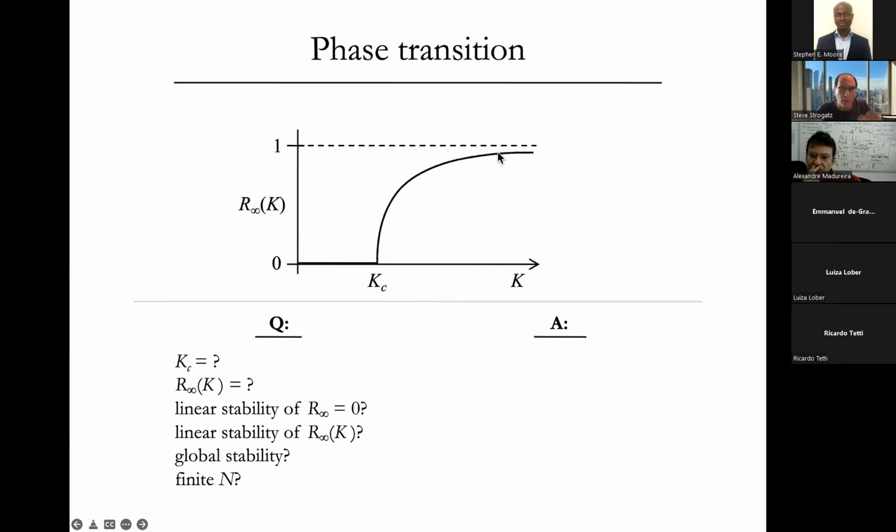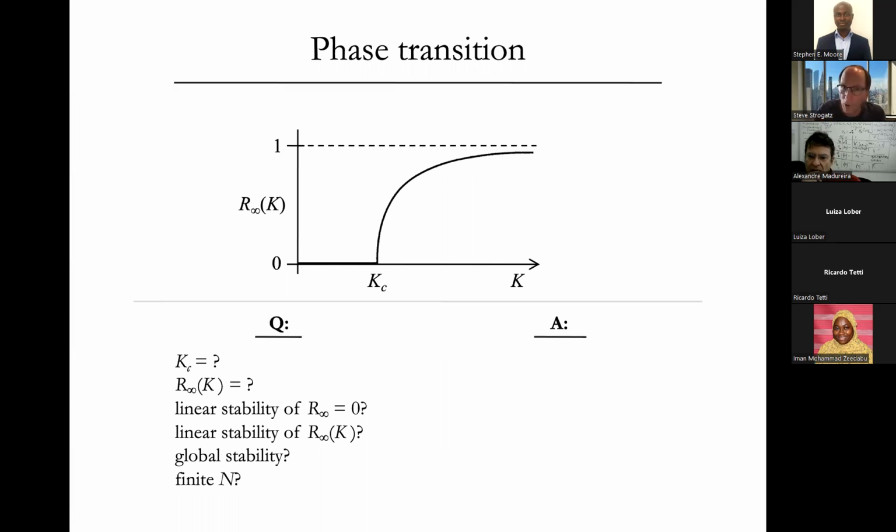It looks like a supercritical pitchfork or Hopf bifurcation in the language of nonlinear dynamics. So you'd expect this branch stable here and this branch stable here, and then a zero branch over here to be unstable. Can we show that? Well, we could try linear stability arguments with eigenvalues, or you could try global stability arguments with something more sophisticated.